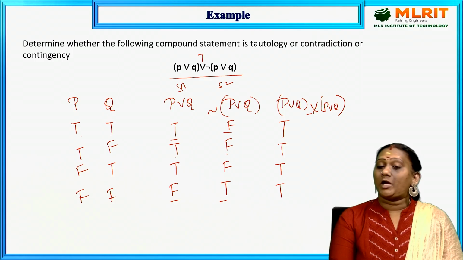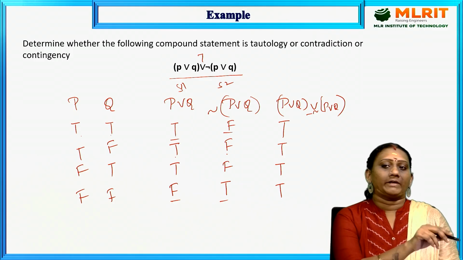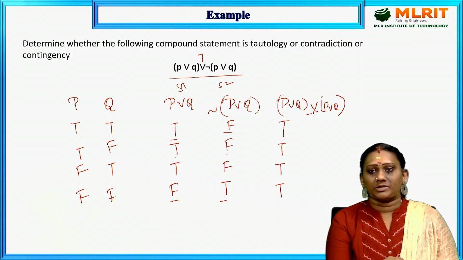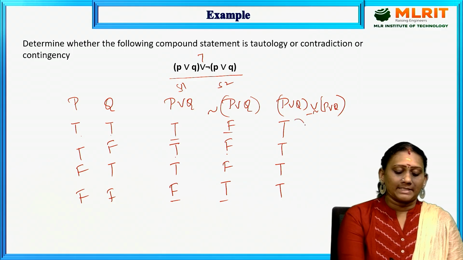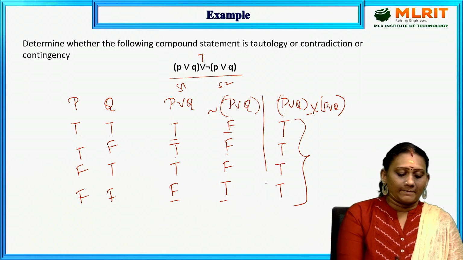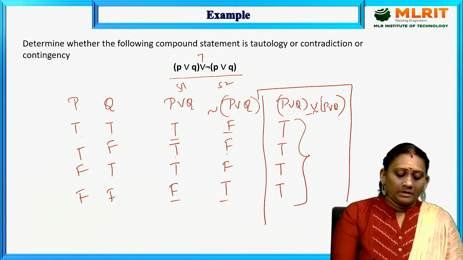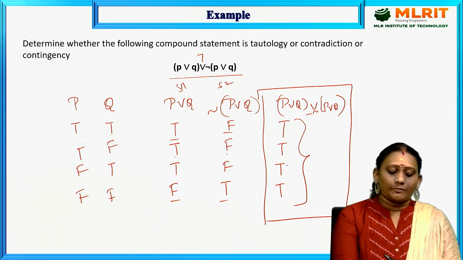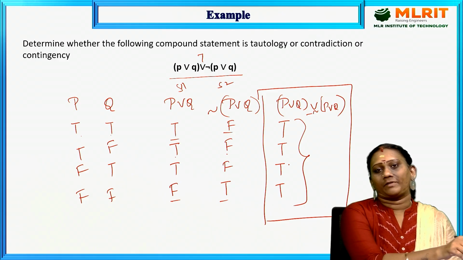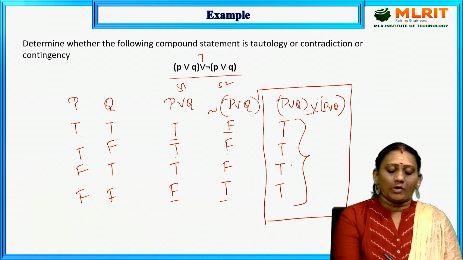If we want to conclude whether this complex statement is a tautology, contradiction or contingency, as I already told you, we consider the last column, that is nothing but the output column. In this output column, for all the different combinations here, we got only true.